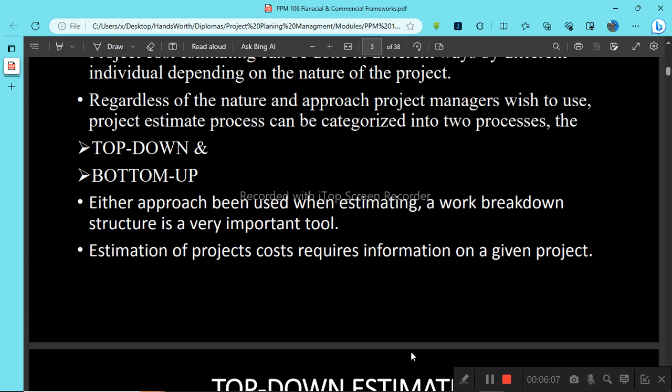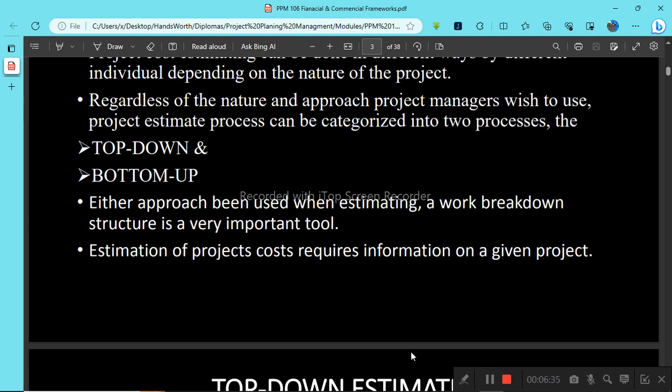That way, it will be easier for you to even know the resources that will be required in the given project. It will be easier for you to calculate or estimate how much resources will be required. Then from there, you can estimate the cost or the amount of money that will be required for you to carry out the given activities.